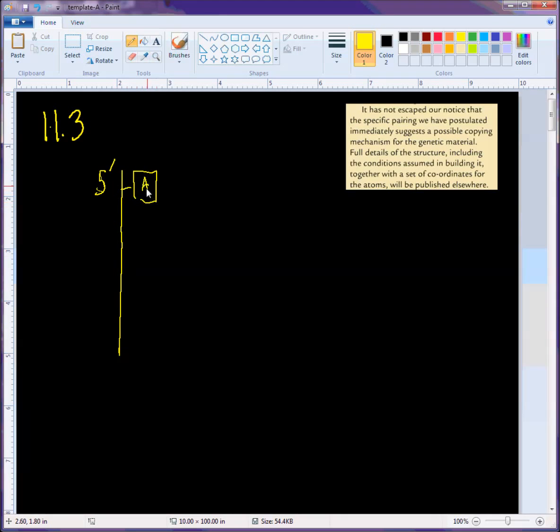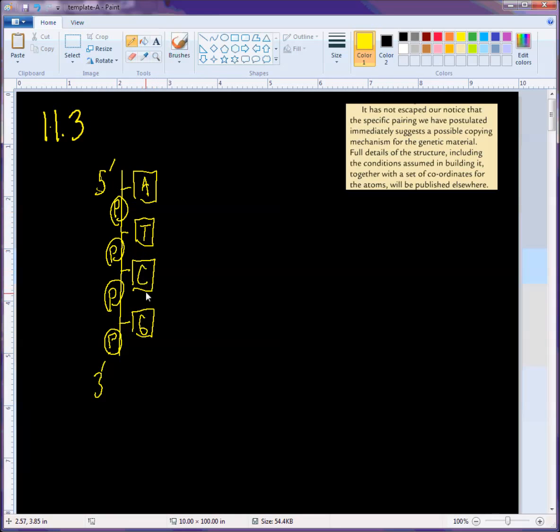So this is one strand starting with the 5' end, and we have an A and a T and a C and a G, and we have the phosphates in between these nucleotides, forming the linkages between nucleotides.